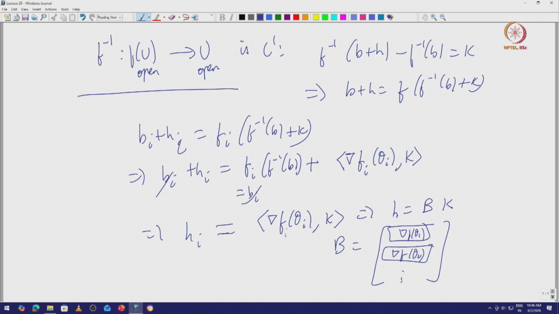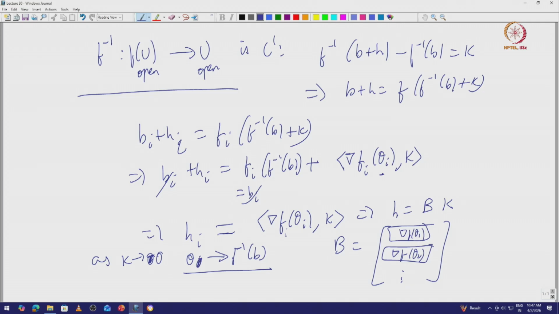Now notice that as k goes to 0, theta_i will go to f inverse of b. And that's how this theta_i works, almost by definition. So this is f inverse of b.